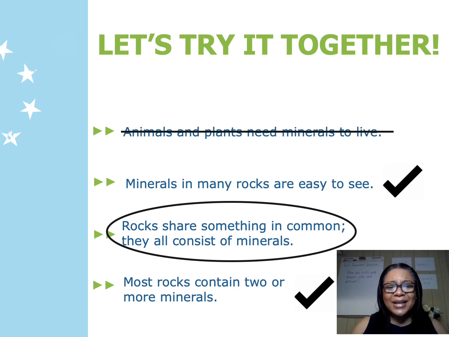We're talking about rocks and minerals, and how all rocks consist of minerals or have minerals in them. Does that make sense? Okay. But the first sentence, while it's true, it doesn't really connect to what we're talking about right now.